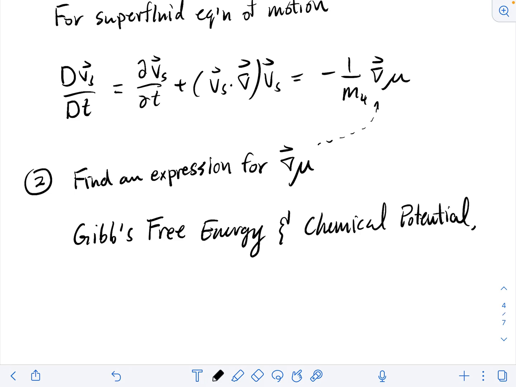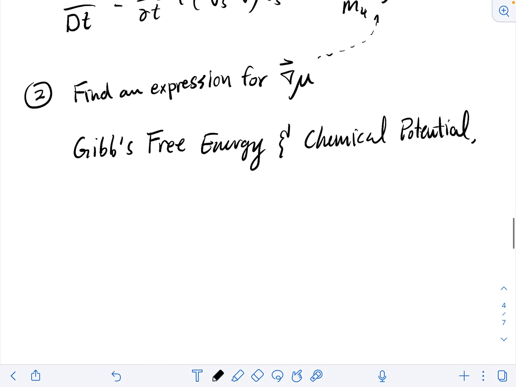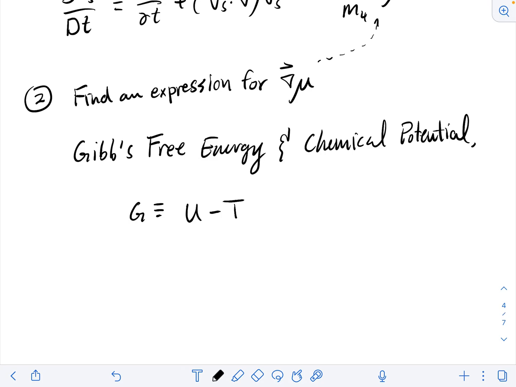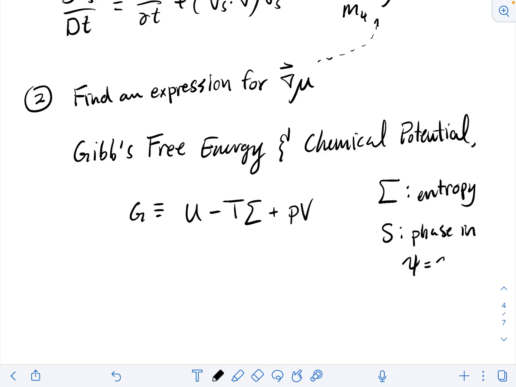Okay, so Gibbs free energy has a symbol G, and it's defined to be the internal energy minus T times the entropy plus PV. Now I've written the entropy in a funny way, as capital sigma, and the reason is that we've used S recently as the phase in our wave function for the superfluid, so I want to distinguish between those two things.